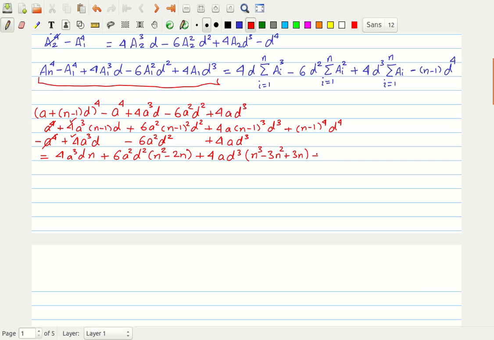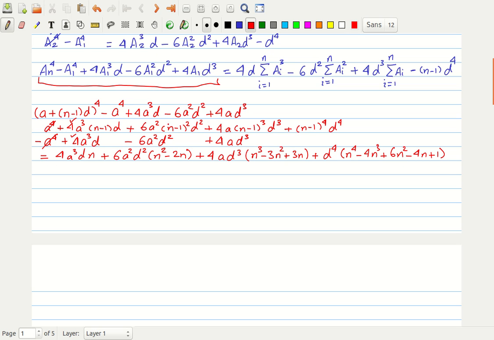And finally you would be left with d to the power 4. And what is n to the power 4? This is simply n to the power 4 minus 4n cube plus 6n square minus 4n plus 1, right? So now we see that we have the right hand side expanded.